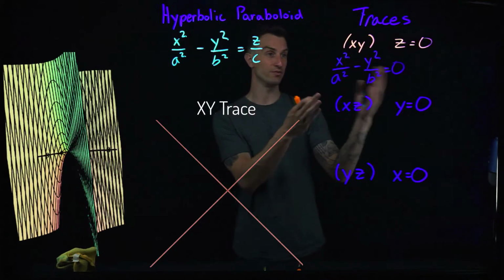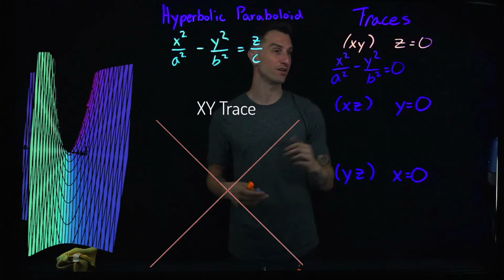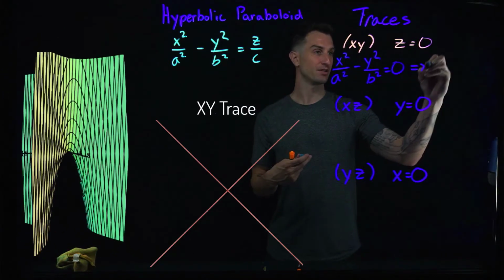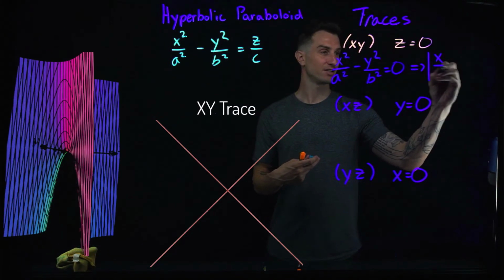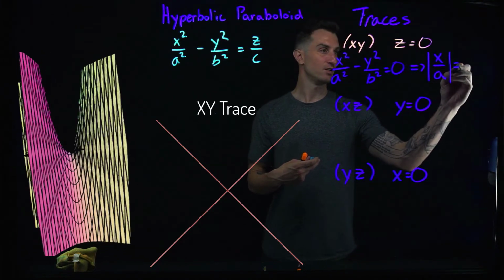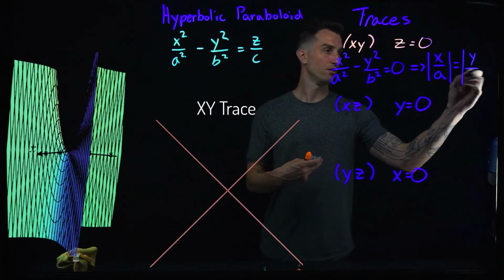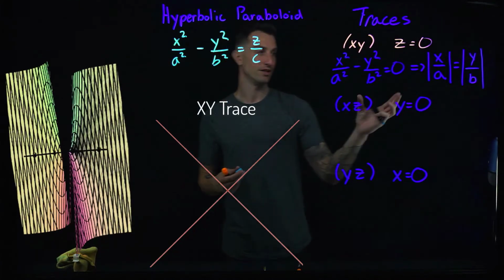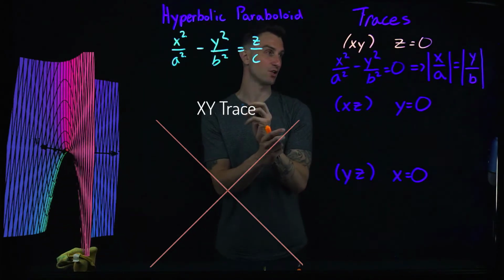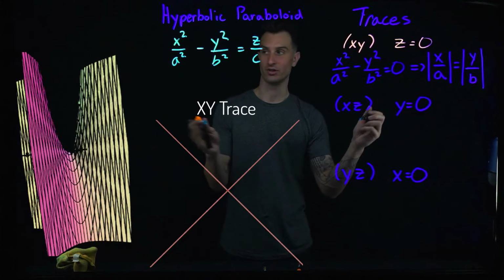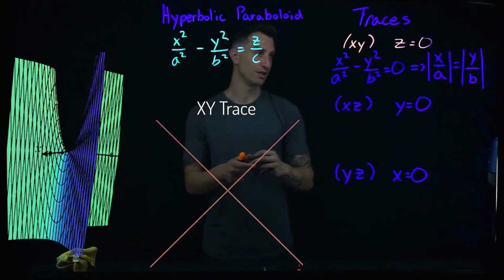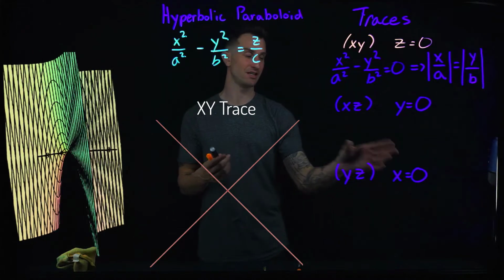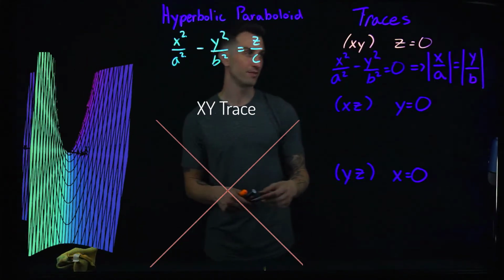If we move the y squared over b squared to the other side and simplify, we end up with the absolute value of x over a is equal to the absolute value of y over b. So this is where we get that nice cross going on. You should see it in our 2D graph here. This is the interesting case, and the rest of these should be fairly familiar.